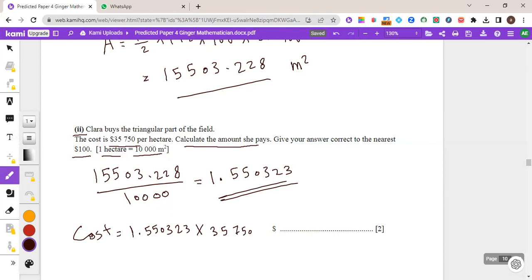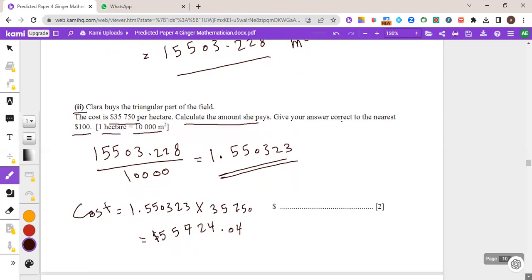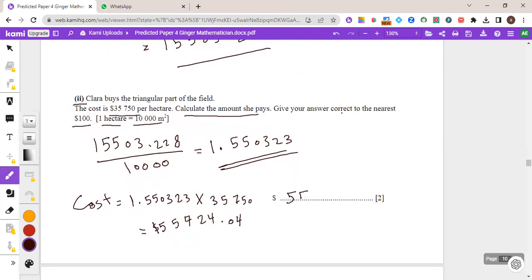It will be 55,404. But here he says give your answer correct to the nearest 100. So to the nearest 100, what is the answer? 55,400.